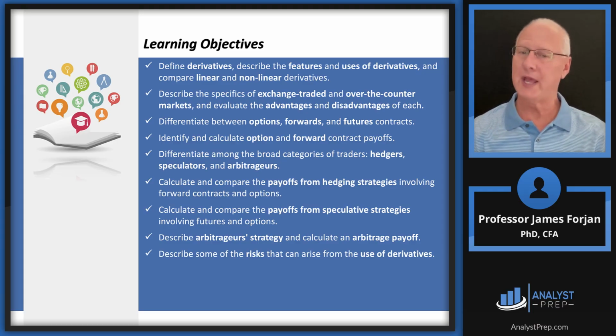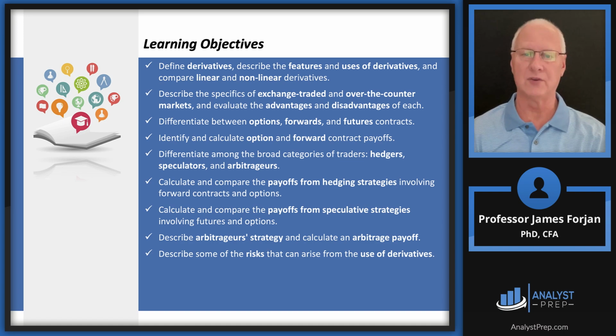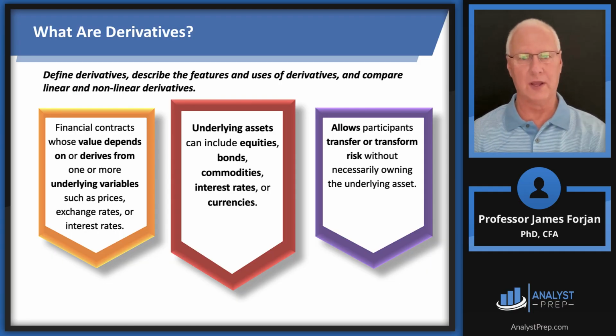But those of you who pay attention to Part 1, you'll note that we have an upcoming chapter that is going to be a good discussion on clearinghouses and exchange traded markets and over-the-counter markets. So this is once again an introduction. We're going to look at a couple of graphs, and these graphs are going to be really important as we move through the program. So let's go ahead and start with defining derivatives.